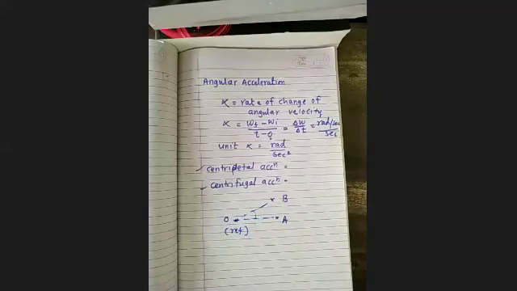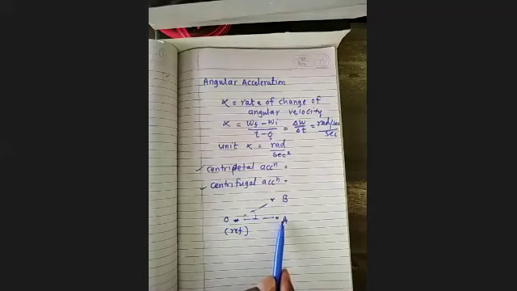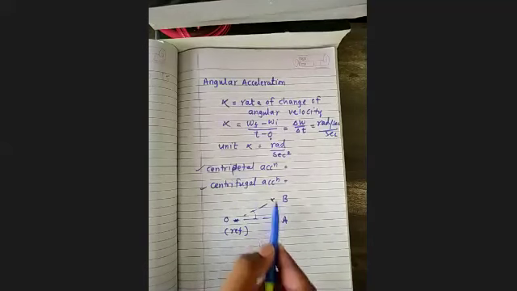But what exactly keeps this particular object in contact with O? So the question is, which physical quantity is responsible for keeping any object in a circular path?